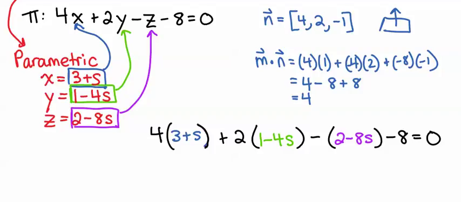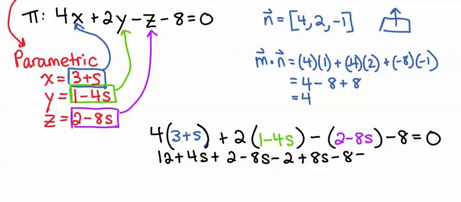So we just replaced x, y, and z with our parametric equations. And I'm just going to expand them using the distributive property. So 12 plus 4s plus 2 minus 8s minus 2 plus 8s minus 8 equals 0.